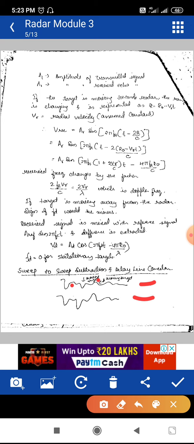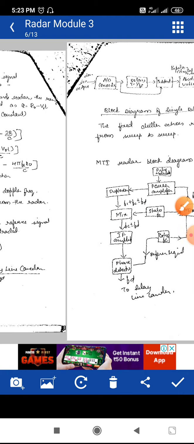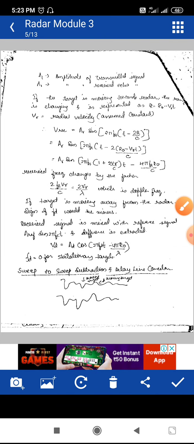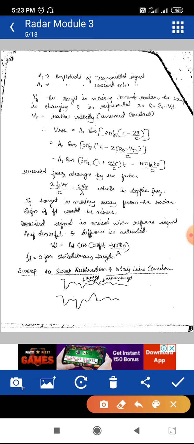When we subtract both, we have only the difference signal, that is, how much difference has happened between the two signals. When you subtract these two signals, we get this output, which indicates only the extra part, the difference between the first signal and the second signal.